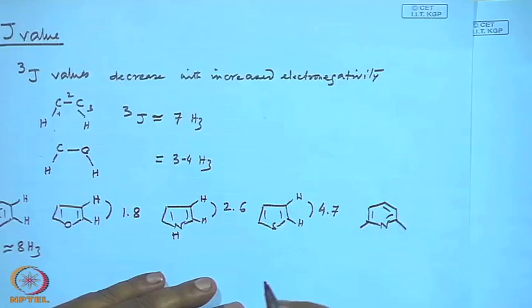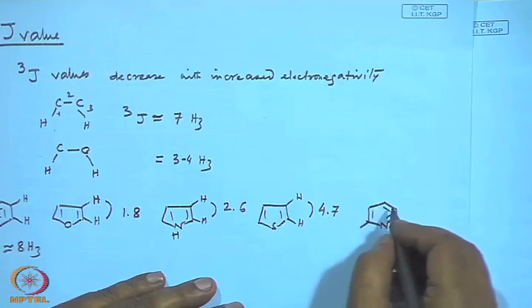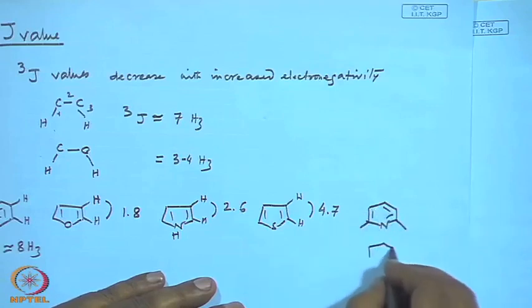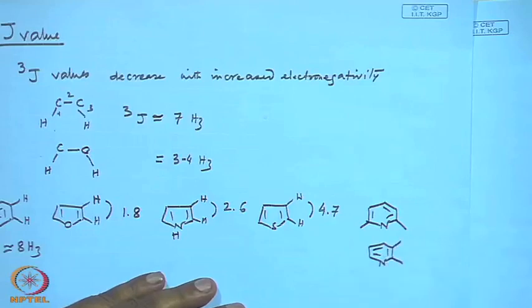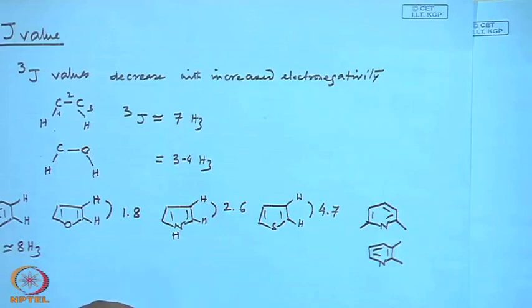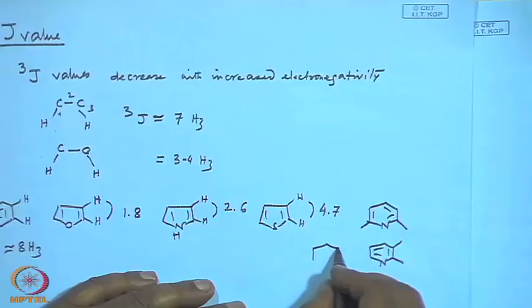Let us say this is a possible structure, and another structure could be this structure. Okay. How do you distinguish? It is very difficult. But okay, let me give you one more structure. I think this is a better option.